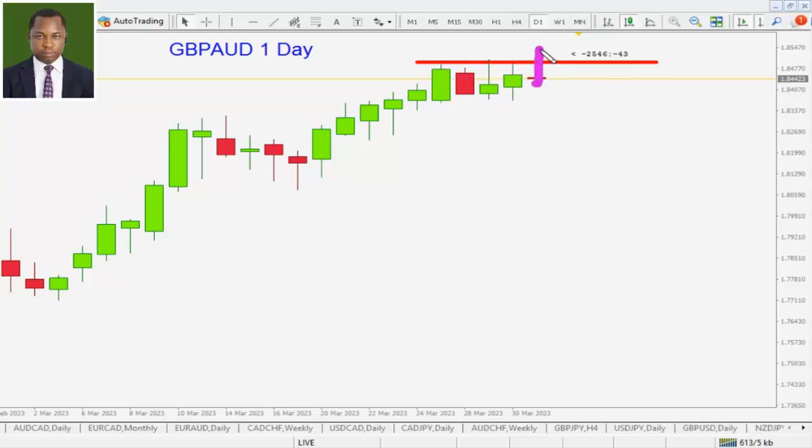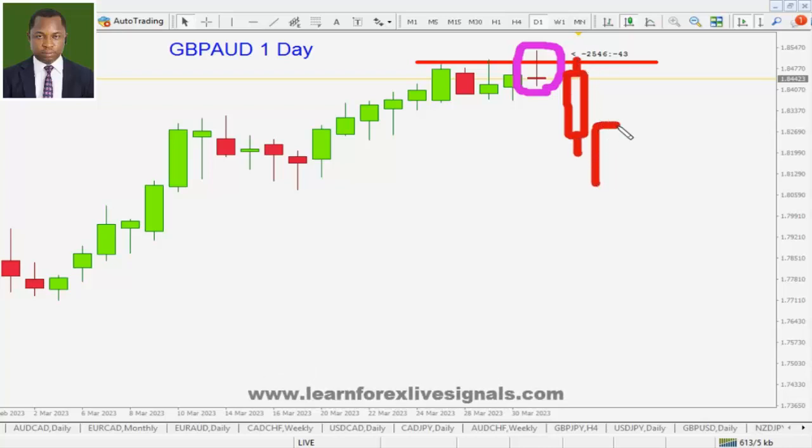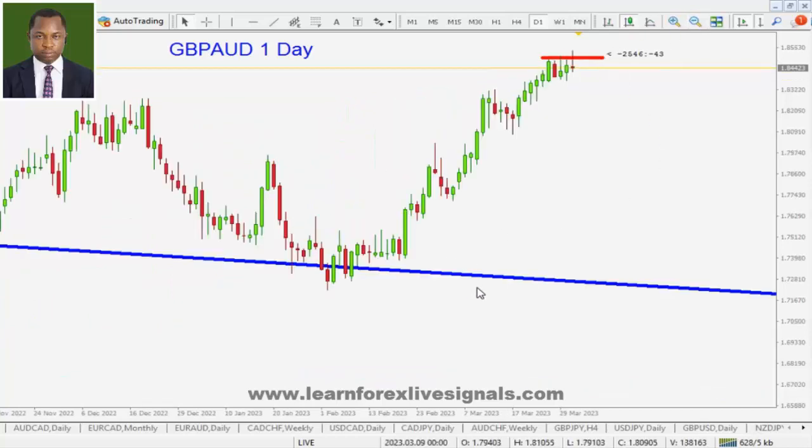It went as if it wants to push through and then came back down to close around that area. So we are going to be leveraging on this candle right there to see if we are going to get some bearish moves to the downside. That is what we are expecting. We're expecting the price from there on will begin to come to the downside. So that's exactly what we have in this pair.